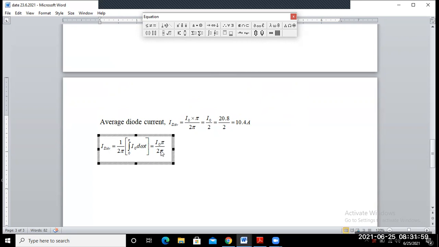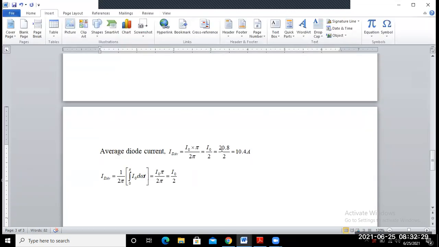So this pi and this pi cancel. Similarly, you can see I0 and 2 pi divided by 2 pi equals I0 by 2. Okay, I0 by 2. So just now you can put the value of I.